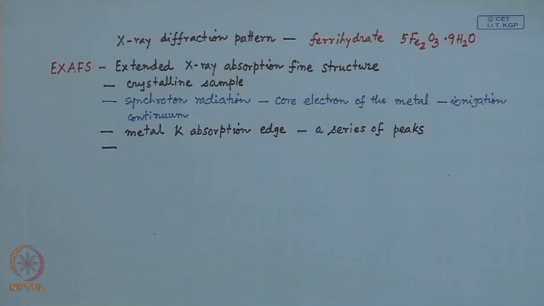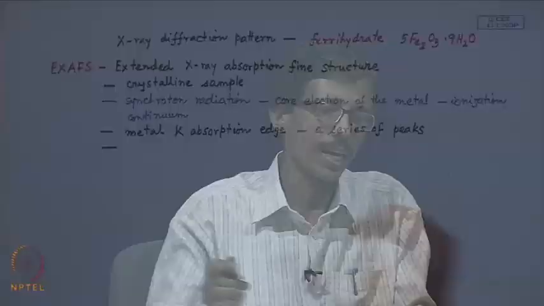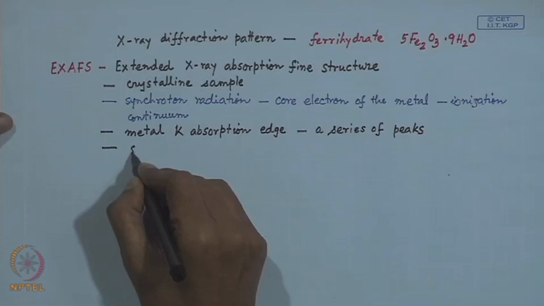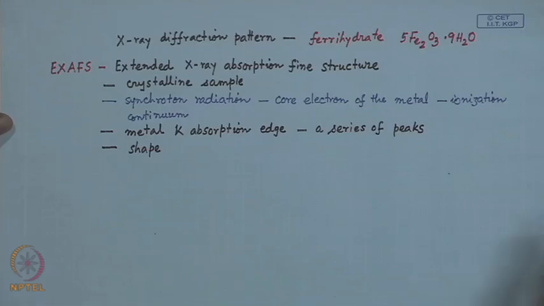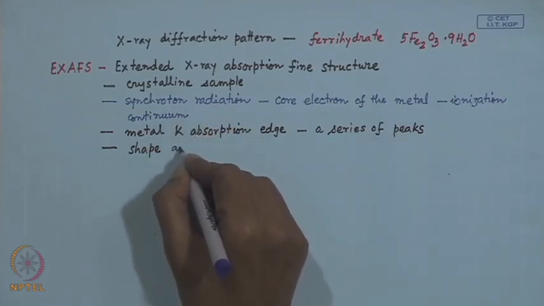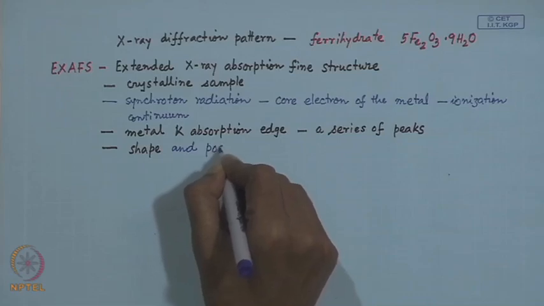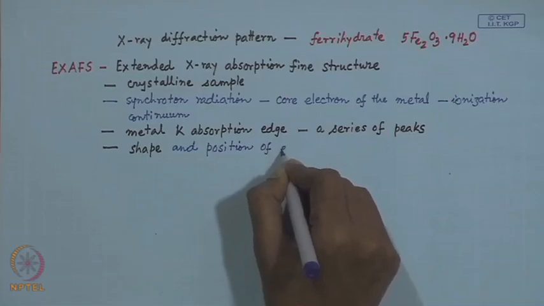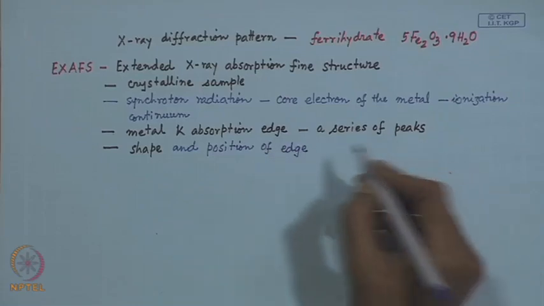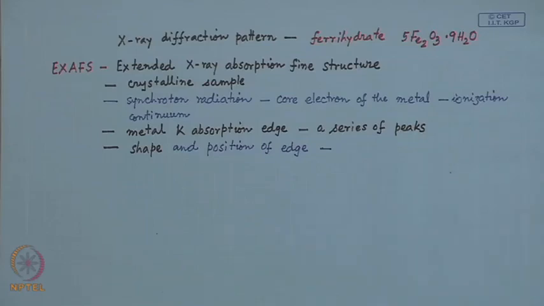Those series of peaks, like any other X-ray diffractogram, powder X-ray diffractogram, probably you know all this, as well as the IR spectrum, can then be characterized for their shape and position, which basically gives us the required information for the coordination environment around the metal center.